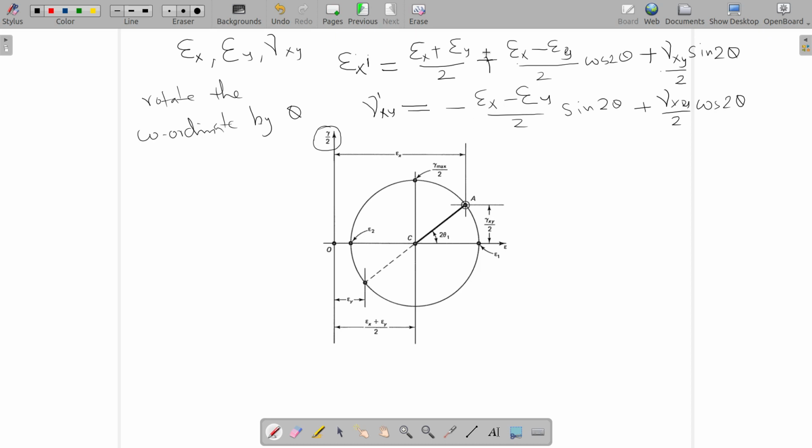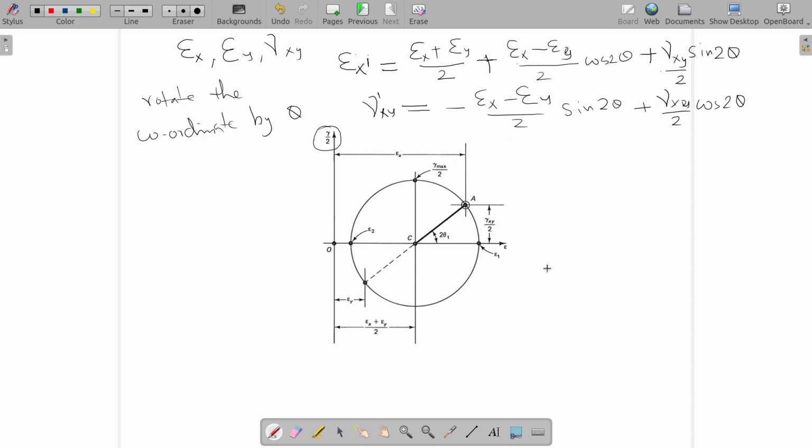So that is correct. Here minus will come when you are calculating the y component, epsilon y dash. So this will be the equation.